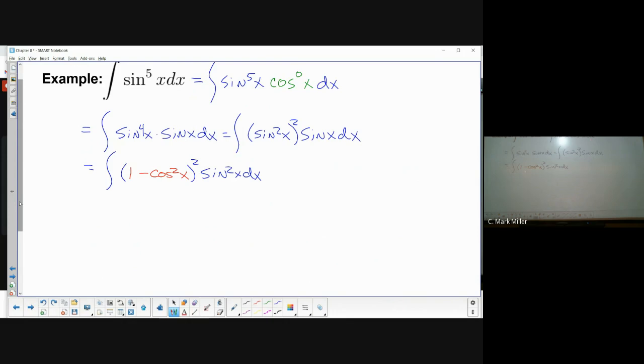So the sine squared, all of a sudden I got a bunch of cosines. Those are going to square out, right?